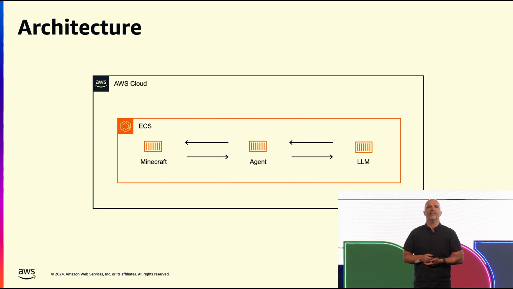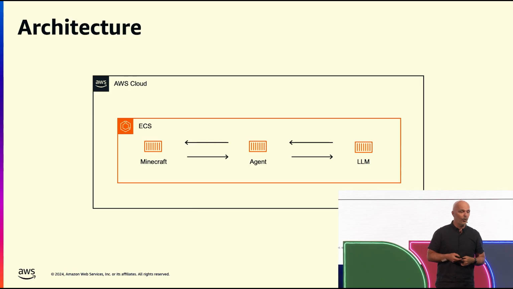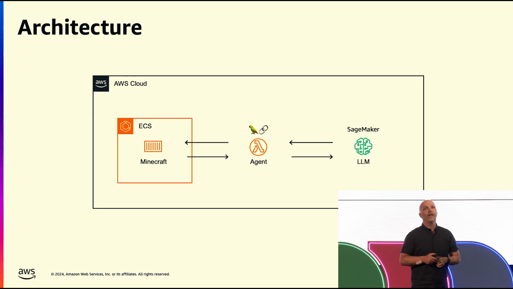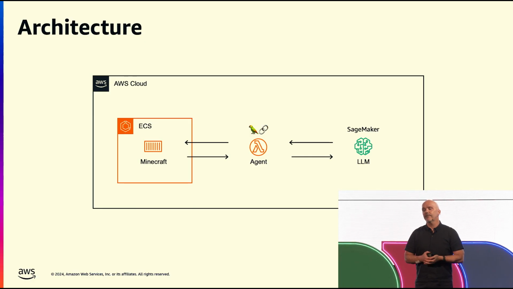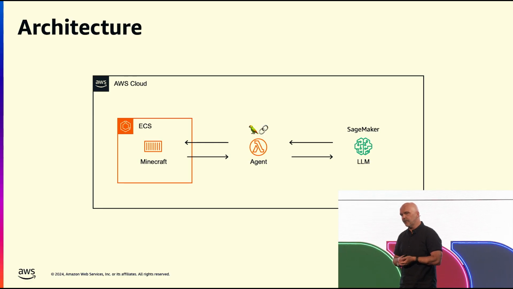So let's evolve that into ECS. In a container, this time running on Elastic Container Service, we have Minecraft, the agent, and the LLM. And that worked really well. No problems at all. But then we really wanted to deploy it in a serverless ecosystem.